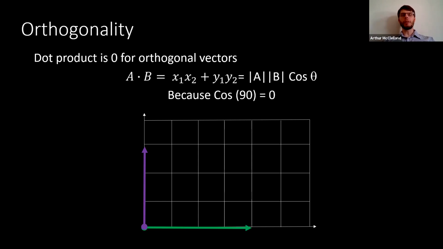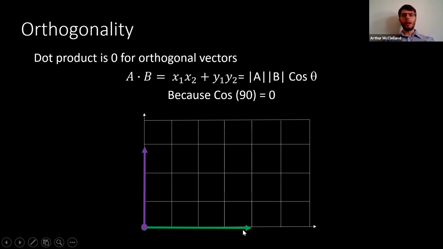If we want to solve a system of linear equations, we need 3 unknowns and 3 linearly independent equations. If they're not linearly independent, then we can't fully solve our system. So having this dot product and checking that it equals 0, and it equals 0 because the cosine of 90 is 0, is a very useful way to check what's going on in our system and make sure that we have linearly independent vectors.